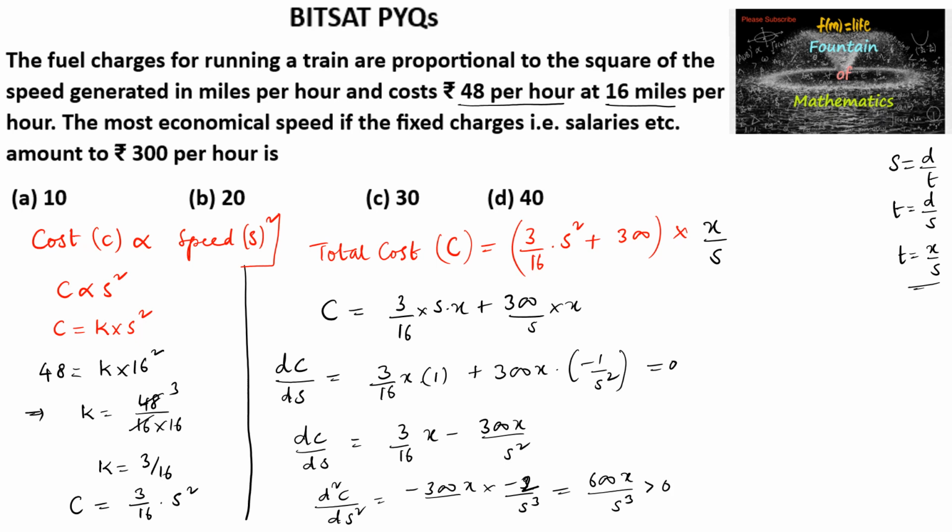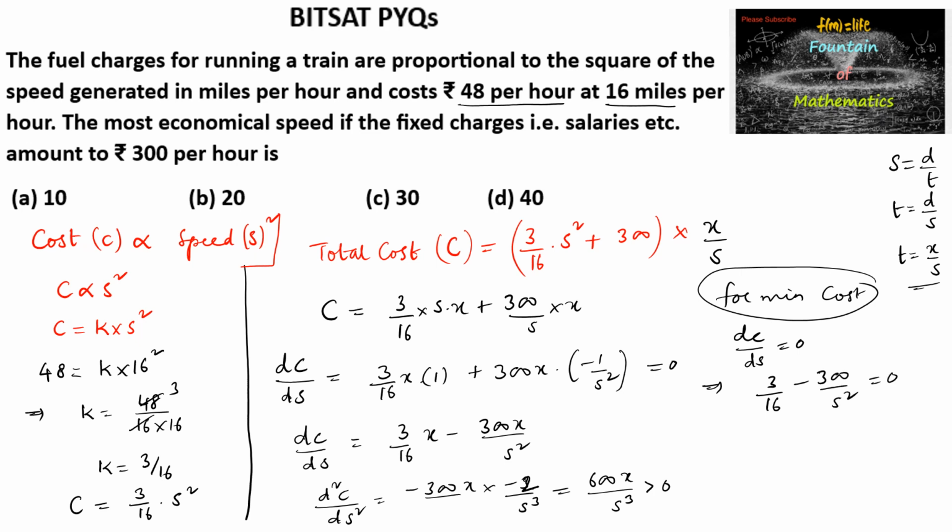And now for minimum cost, dC by ds is equal to 0. Which implies 3 upon 16 minus 300 upon s squared is equal to 0.